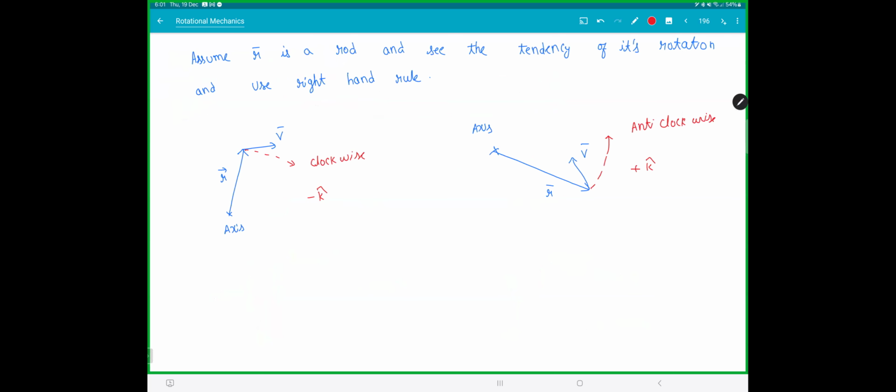There, we know how to calculate angular momentum for a particle. So let's see a few problems on this.